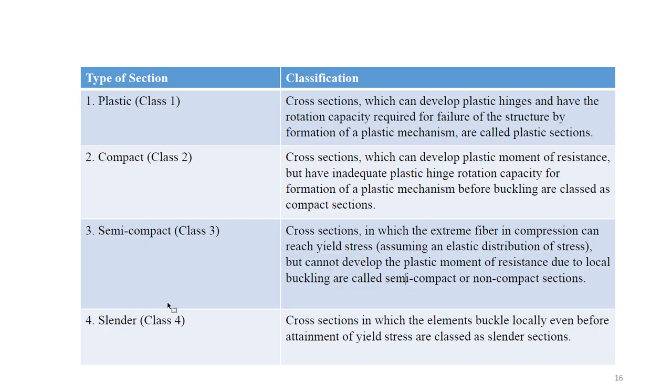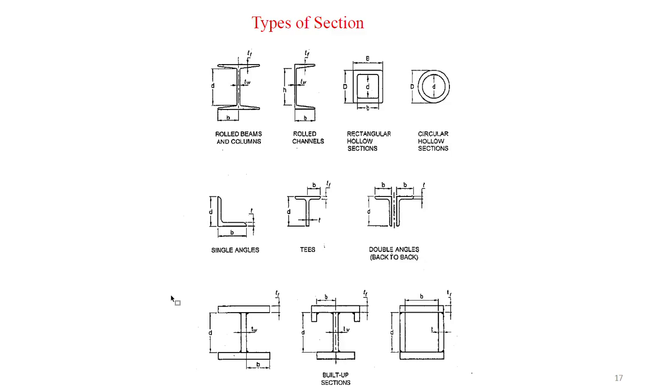These are the various types of sections which we assume in the design of beam sections. Here we can see different types of sections which we can use as beam sections. For rolled beams and columns we can use beam and column sections.